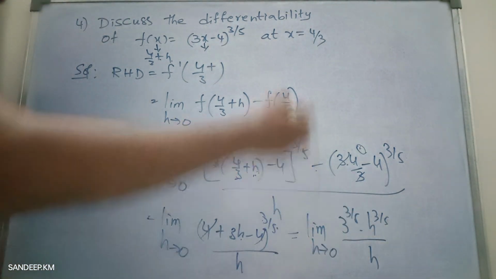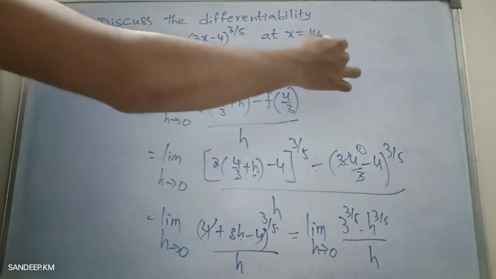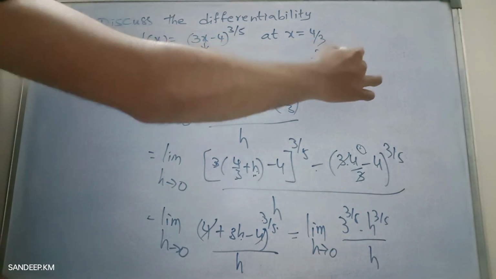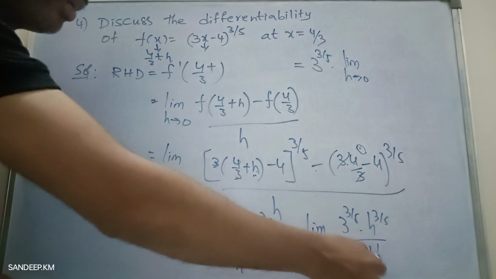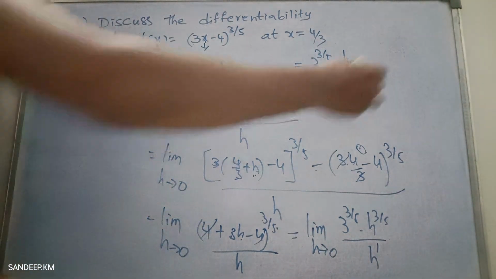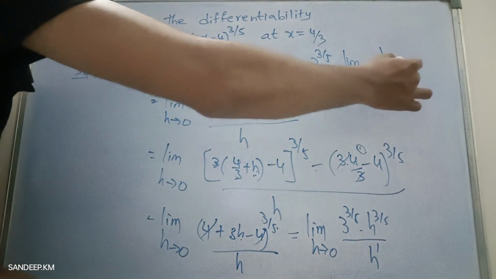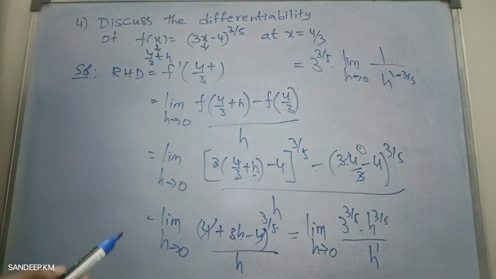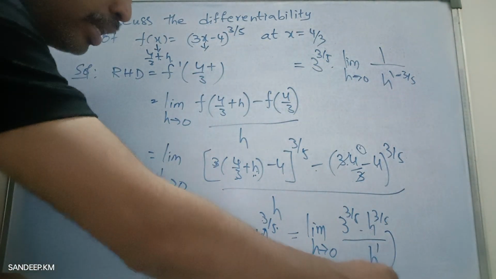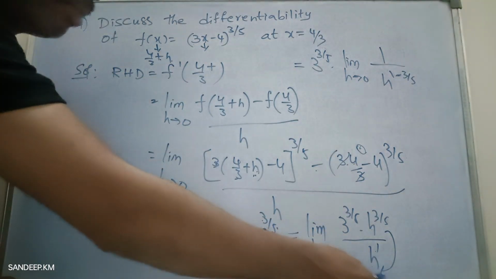3 power 3 by 5 you can take it outside. 3 power 3 by 5 into limit h approaches 0, h power 3 by 5 divided by h power 1. It is 1 divided by h power 1 minus 3 by 5. Correct or not? I just took it to the denominator here and used a power m divided by a power n.